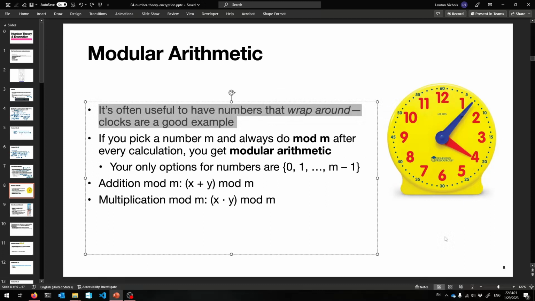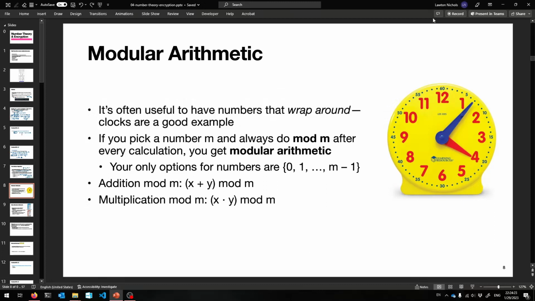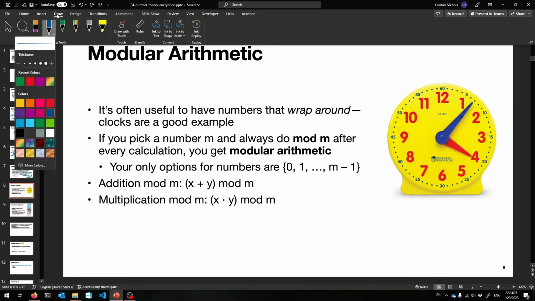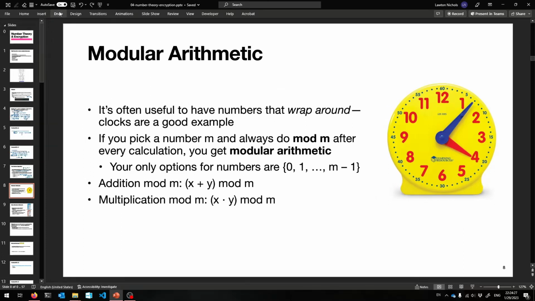So let me prove that to you. Modulus, numbers that you can take the modulus of, those also wrap around. So if you take some number m that's your modulus, and you always do mod m, like you say, give me the remainder after dividing by m, after every single calculation, you end up with what's called modular arithmetic.